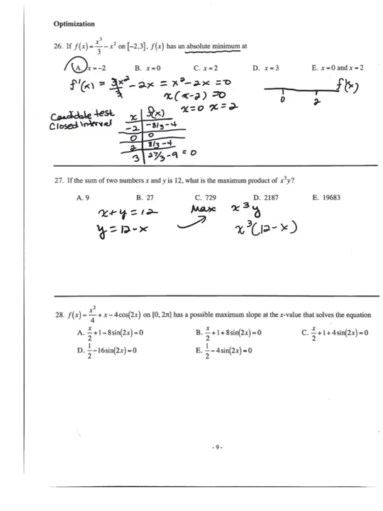This is the function that I'm looking to maximize. So that's 12x cubed minus x to the 4th. So now you get the derivative. So I get 36x squared minus 4x cubed, setting it equal to 0, taking out the GCF. So I get 9 minus x. So I have 0 and 9.